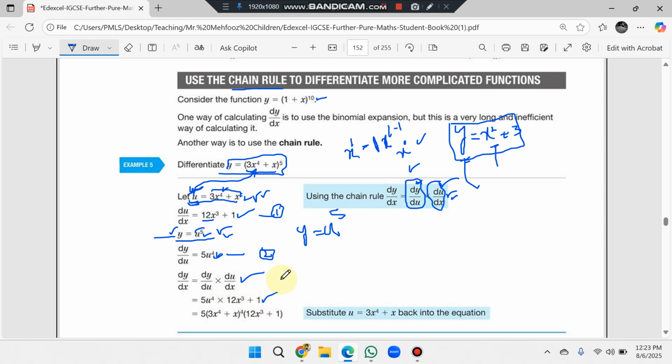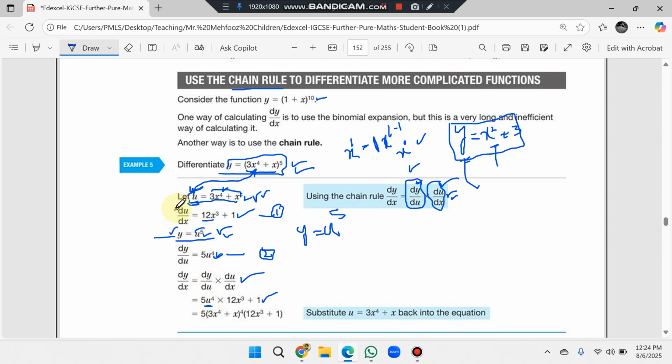This is your answer. But you can see that our starting question is in two variables which are y and x. It means that its derivative will also be in x. Here one other variable is given, that is u on the right side.